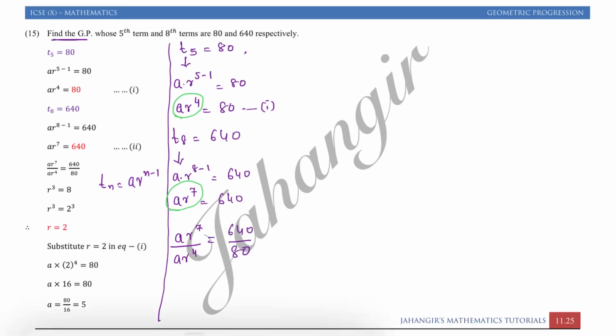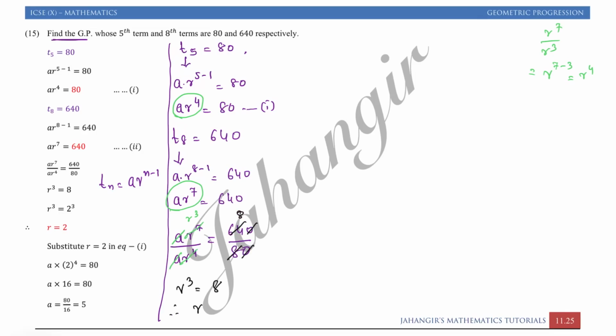If you cancel out, a and a will get cancelled, and r raised to 7 upon r raised to 4 can be solved using indices. So r raised to 7 minus 4, that is r raised to 3. Hope you understood. So we get r raised to 3, 0 and 0 will get cancelled, 8 8s are 64, 8.